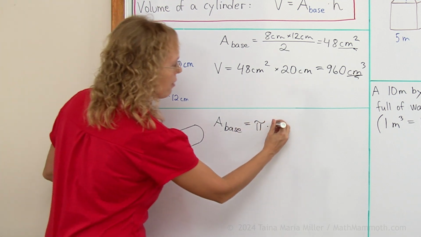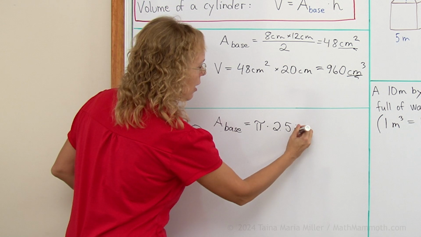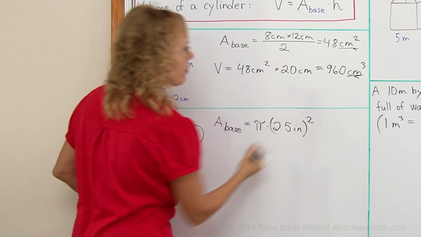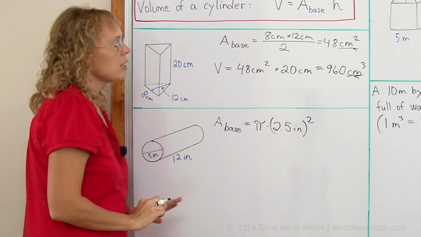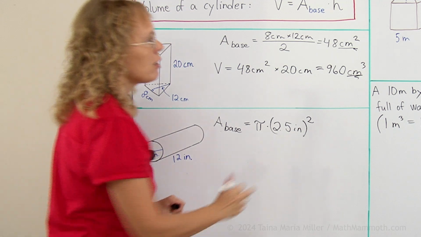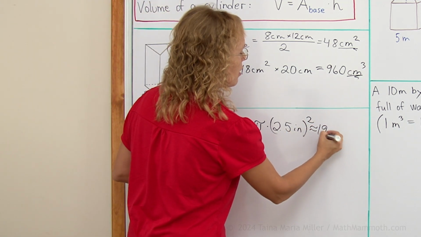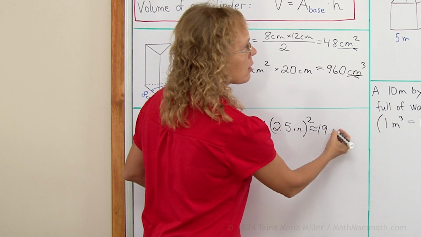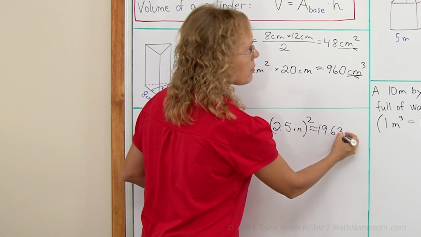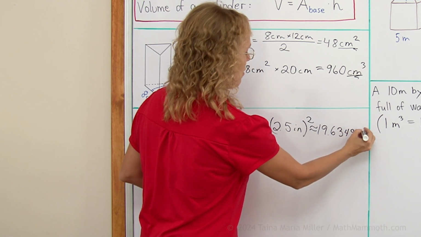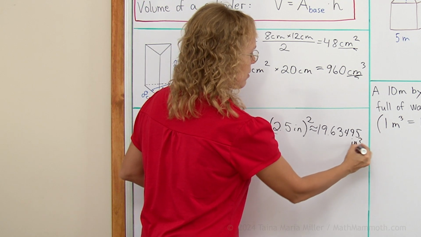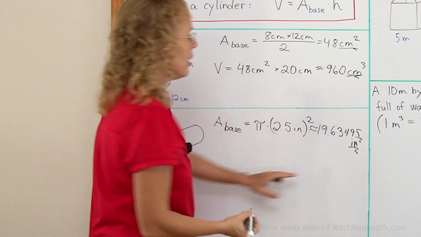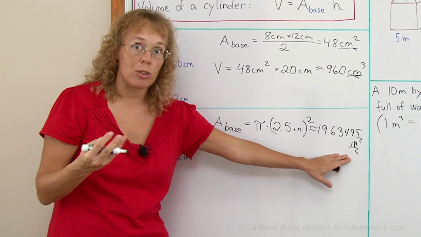The radius is half of that, 2.5 inches. That's squared. You would use a calculator for this. I calculated before the video and got 19.63495 square inches. Okay, notice the area is given in square units.